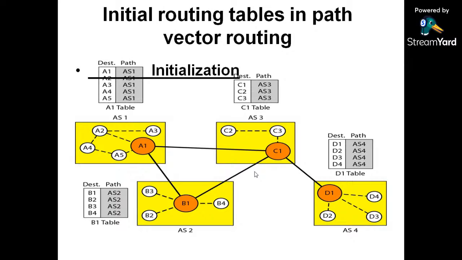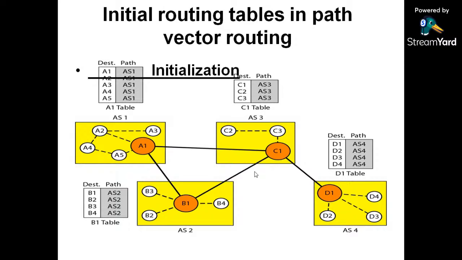Each autonomous system is first initialized. Initialization is done with destination: the destination is A1 and the path is AS1. If we start with A1, autonomous system 1 is the path, and the nodes are A1, A2, A3 and so on, all belonging to the path AS1.